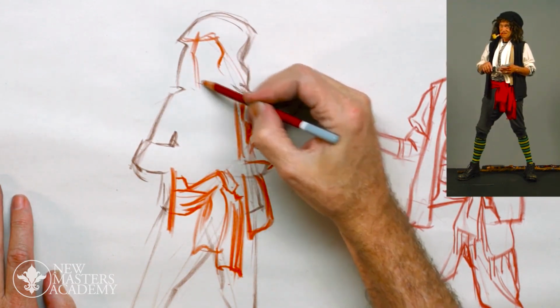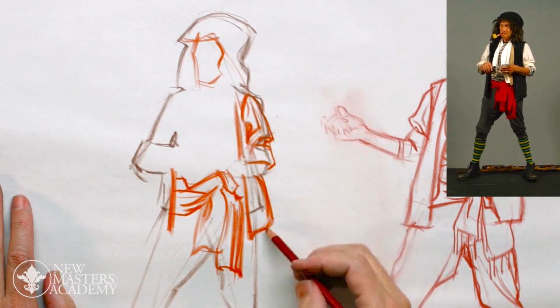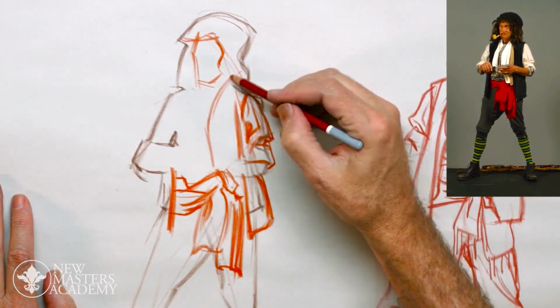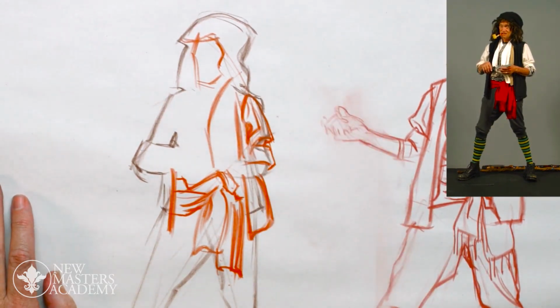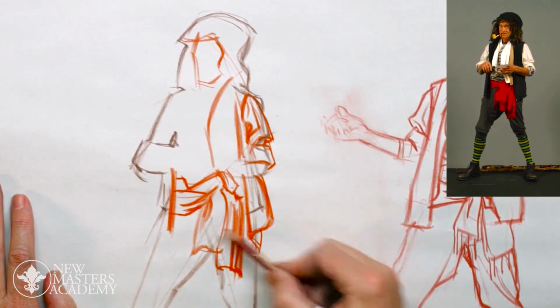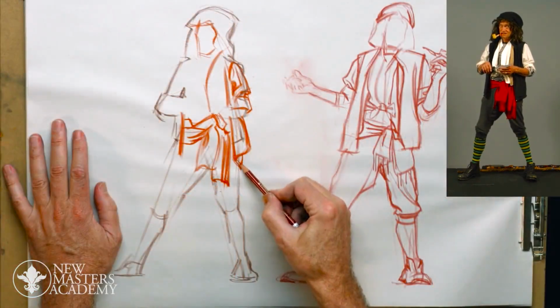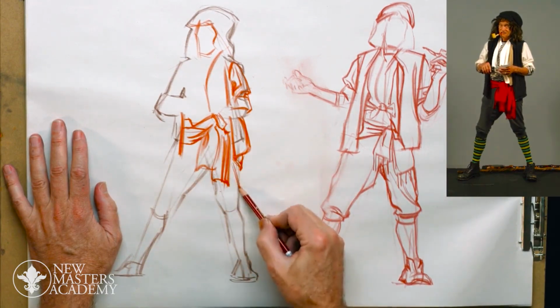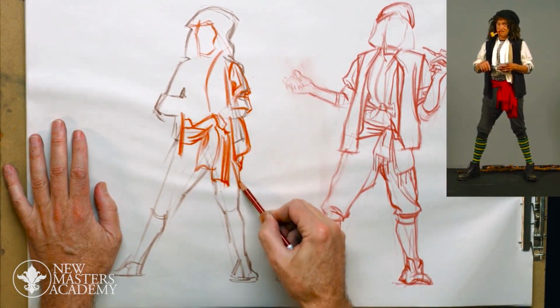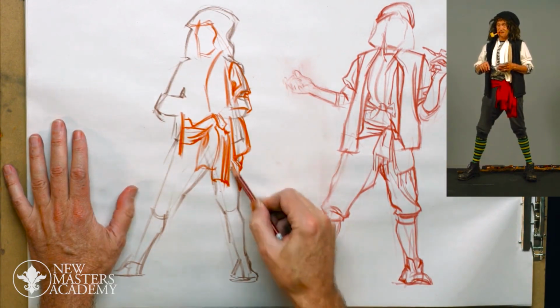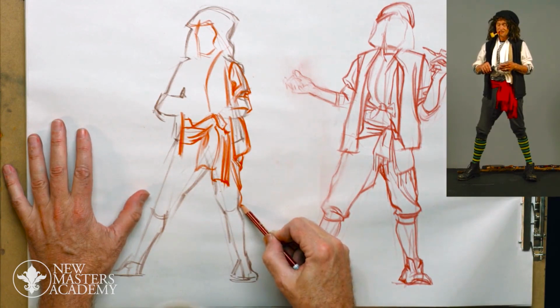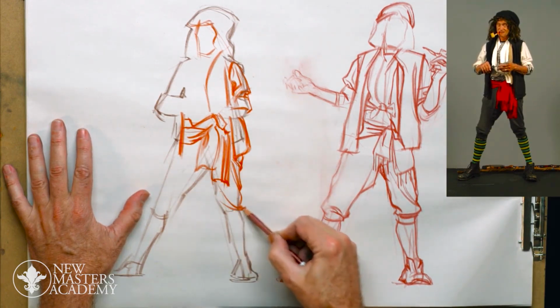And then counter that with something like this. Pulling from behind. And then down. And pulling around again. And then really swooping up here like this.